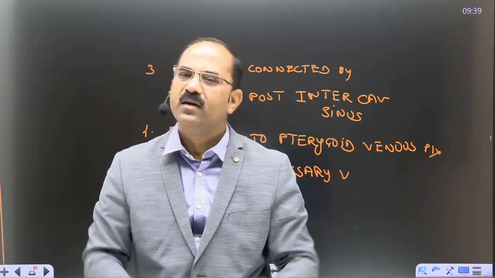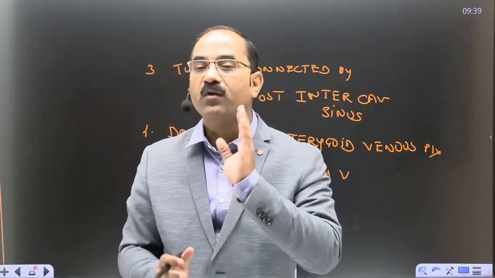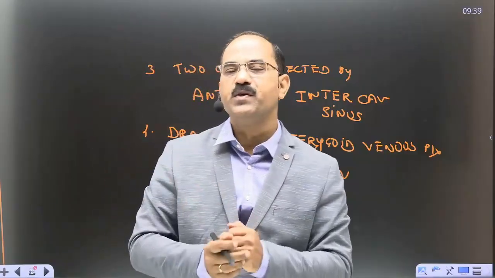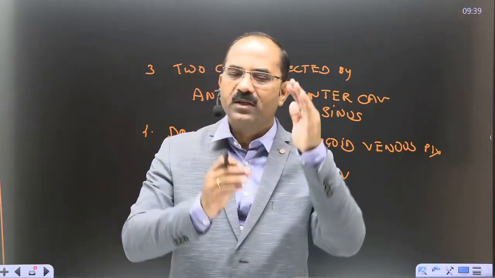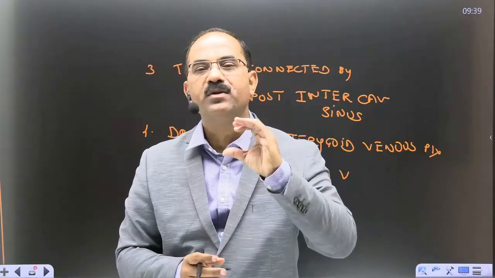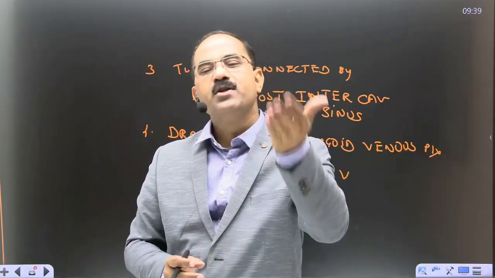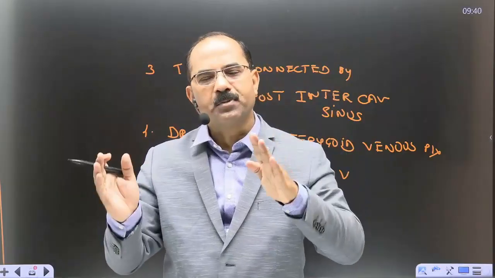Then we studied the relations of the cavernous sinus. Relations in the lateral wall are very important: third nerve, fourth nerve, ophthalmic and maxillary divisions. In the floor are the sixth nerve and the internal carotid artery. Medially is the pituitary gland, and just below it is the sphenoid bone in which the pituitary gland lies. Below that is the sphenoidal air sinus, and in the roof is the optic chiasma.